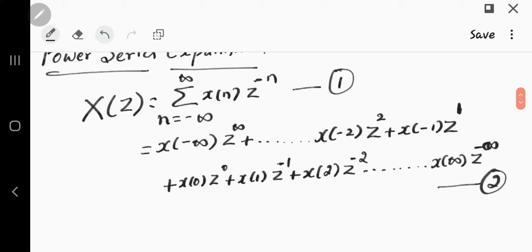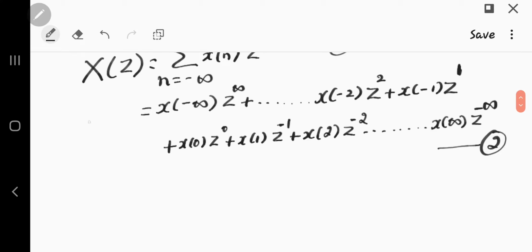Now based on this, if you look at this expression, the name says power series expansion. That means it is mainly related to the power of z, and this expansion is a series operation.